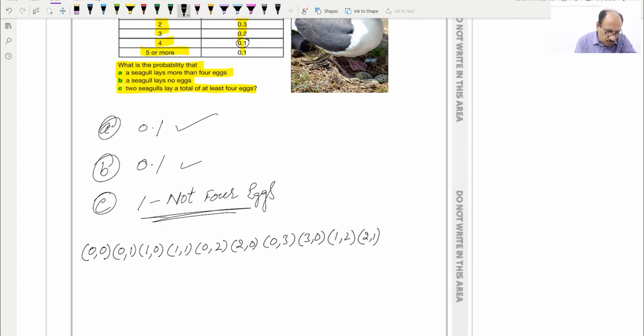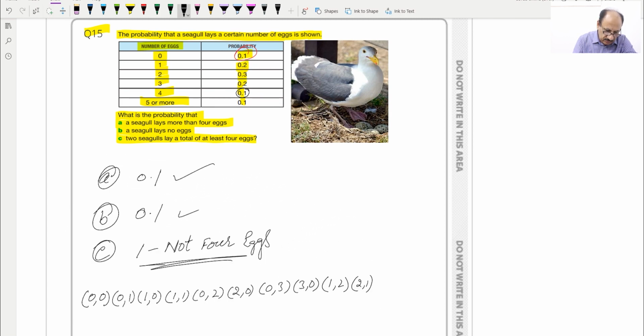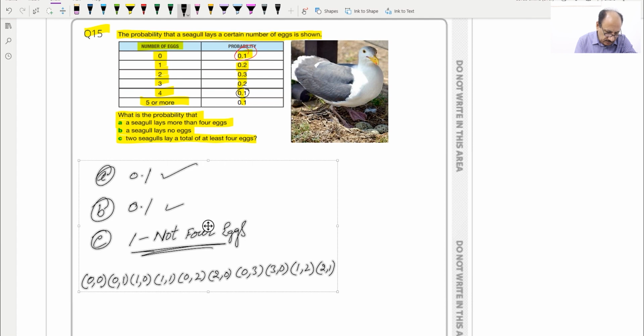For 0, 0, what is it? 0.1 multiplied by 0.1, which results in 0.01. Next will be 0 and 1, which is 0.1 multiplied by 0.2, so it will be 0.02.